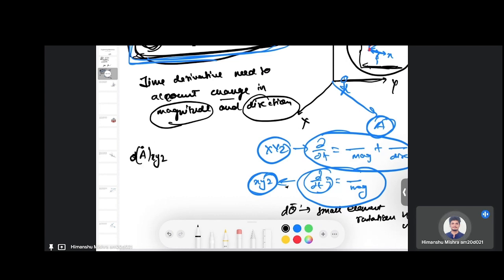So this I have written in small xyz coordinate, and it will only contain change in magnitude. So this will be the equation.